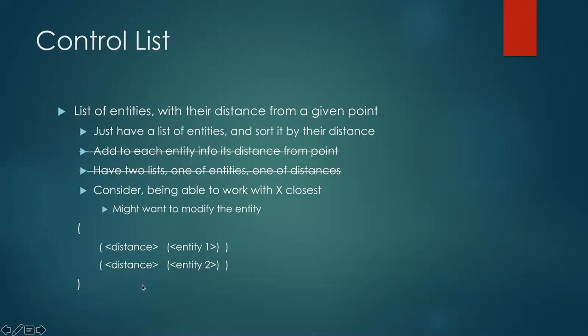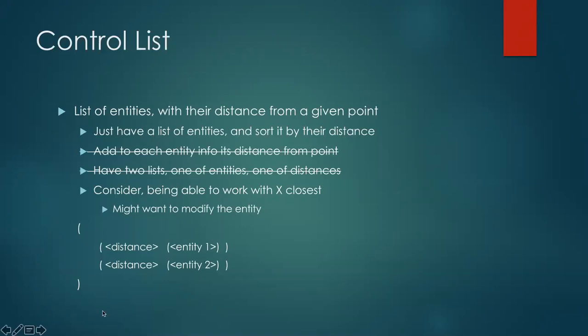So I will have a list of all of my entities sorted by the distance to a given point. A couple of super quick things to ponder: this is a very specific, ad hoc list for this one purpose. If I'm doing something else, like sorting entities by what layer they're on, then I could do a similar variation where this is the layer.